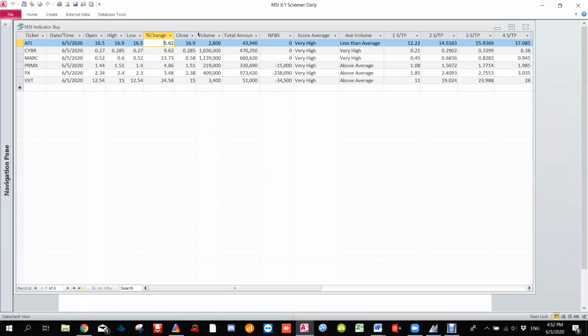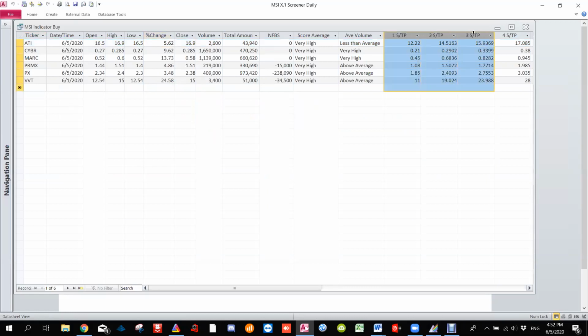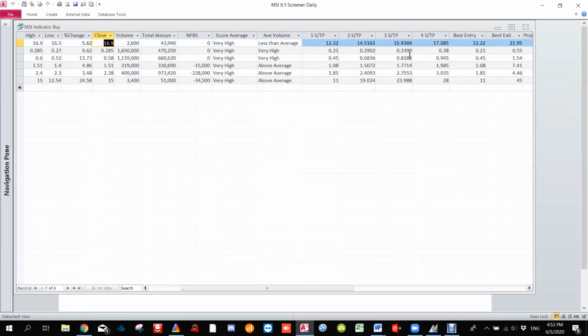And then you can check again the STP for where to buy and what your target prices are. Okay, so in this case, we closed at 16.9. So 16.9 is already here, near this area.